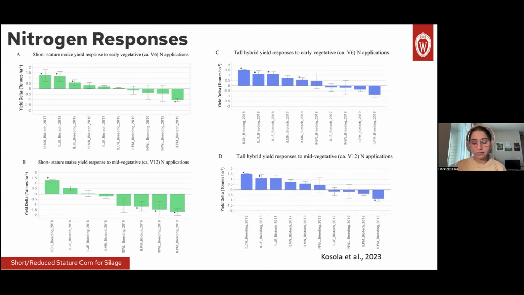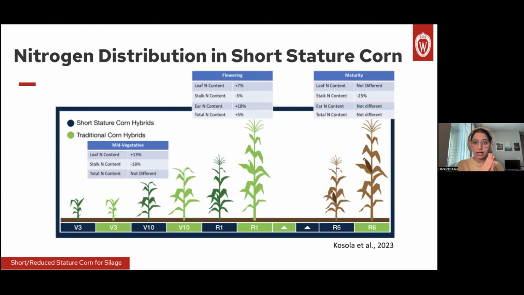However, there was a very interesting observation that was reported by this study, and that was the nitrogen distribution in short stature corn. Although the short stature corn responses were very similar to what we were seeing in the traditional corn with respect to nitrogen, the overall distribution was very different across various stages.